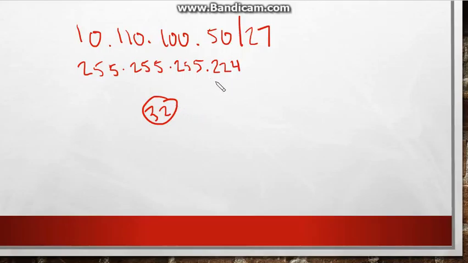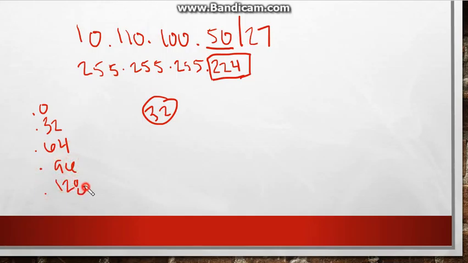And look where we stop borrowing bits: in the 4th octet. So I'm only focused on that octet. Start with 0, 32, 64, 96, 128, and there are no following octets.